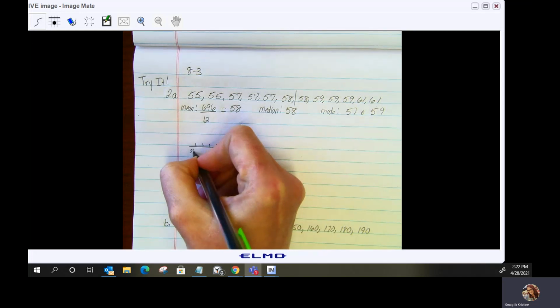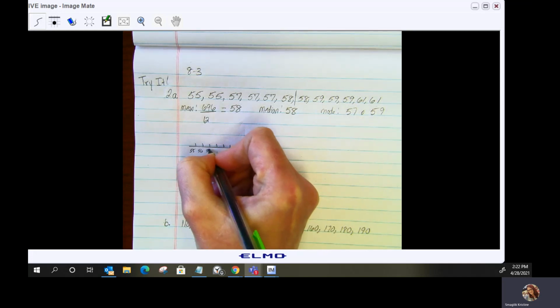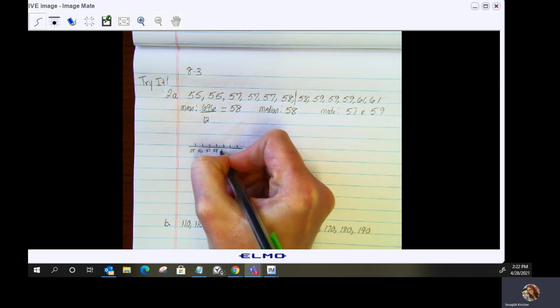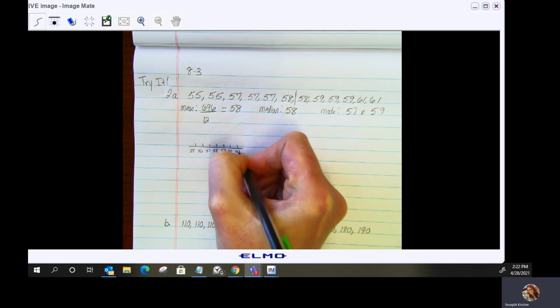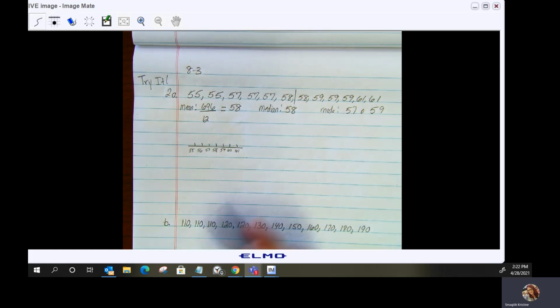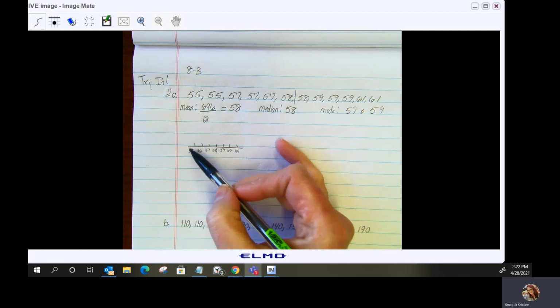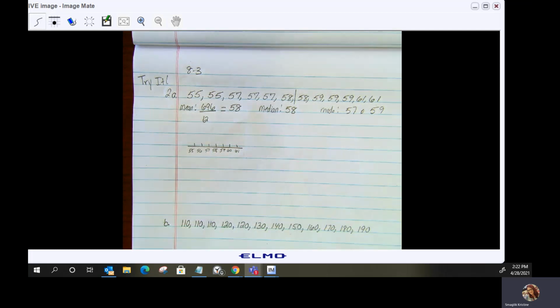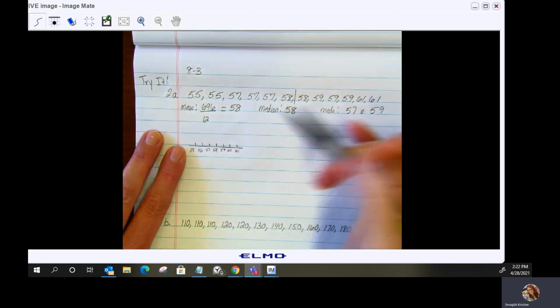55, 56, 57, 58, 59, 60, 61. It's a little small, but that's okay. We'll see it. I want to put my frequencies up here, and I'll try to evenly space my dots.